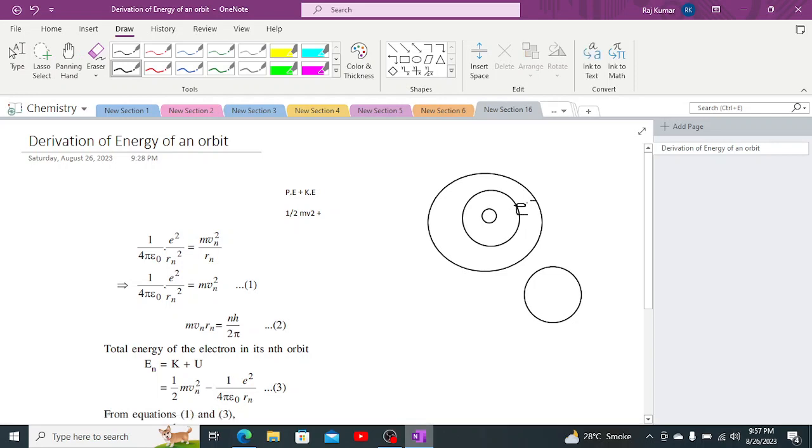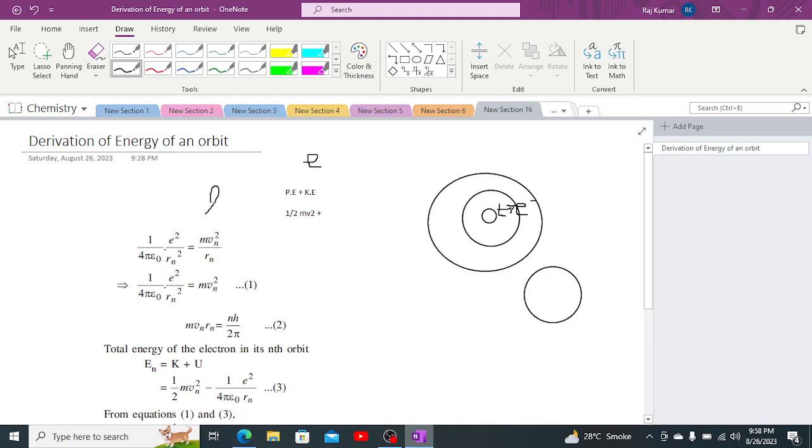Now potential energy of an electron is due to the position of the electron. The position of the electron is maintained in such a manner that, suppose this is the position of the electron and it is revolving inside the orbit, it is maintained inside the orbit. That is why this orbit is also known as energy level, energy shell, energy orbit, or stationary energy level.